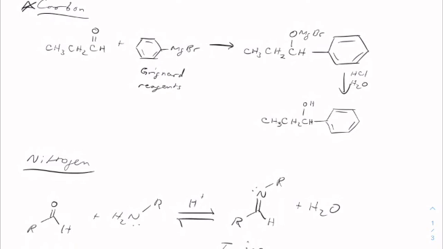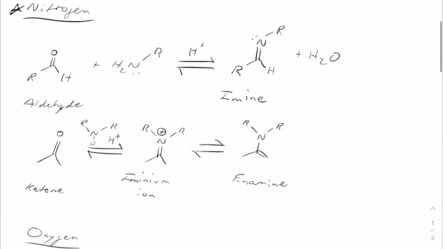This is a pretty simple reaction mechanism, but we can take these similar principles and move on to our nitrogen ones. So we're going to move on down to our nitrogen. Now, for our nitrogen ones, we have a couple different ways of doing this. If we start with an aldehyde, as we're starting with right here, we can add this nitrogen compound here.